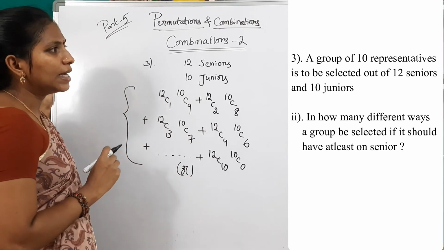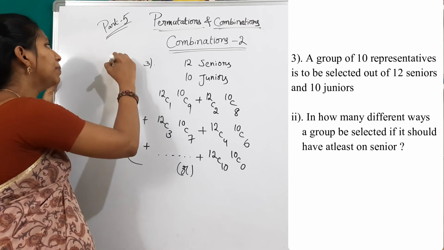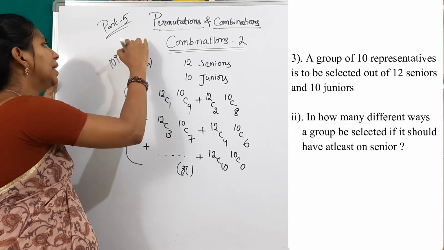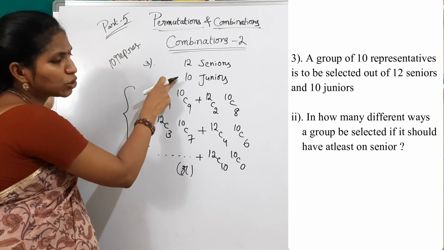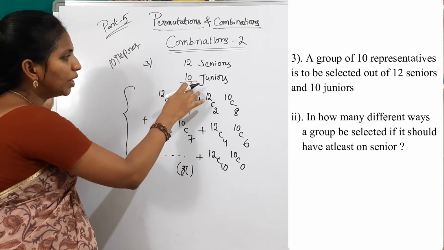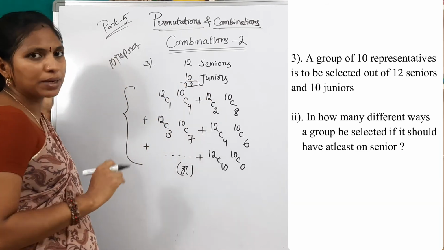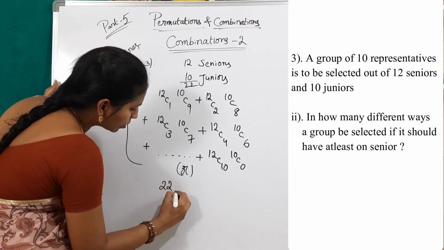Here at least one senior means first of all select 10 representatives from the total members. How much is the total? 22. From these 22 members, select 10 representatives. What is the result? 22C10.